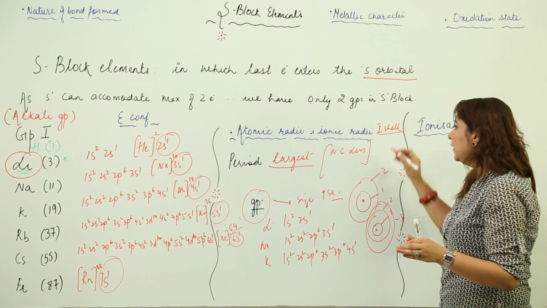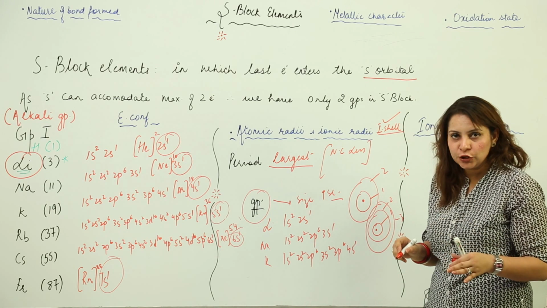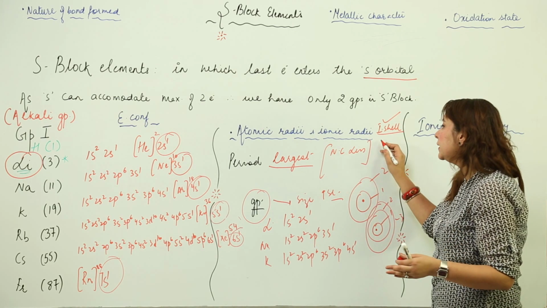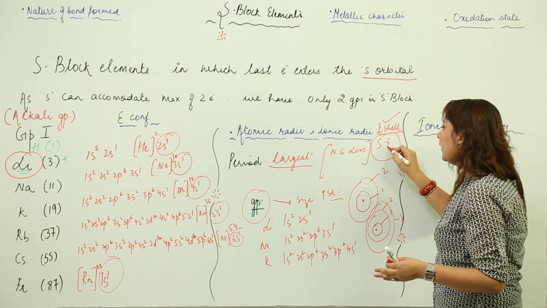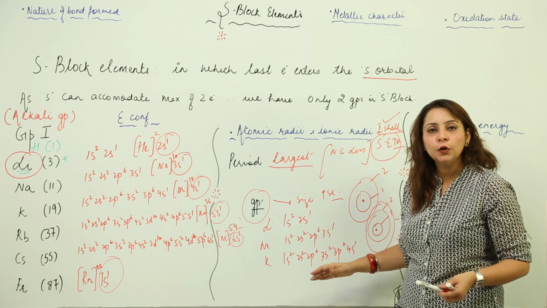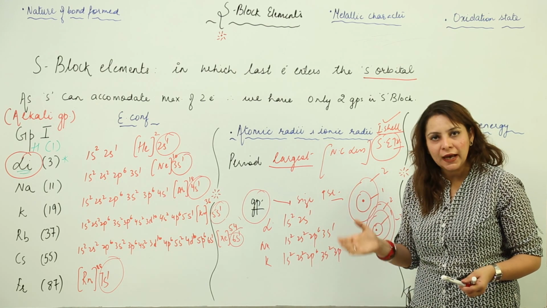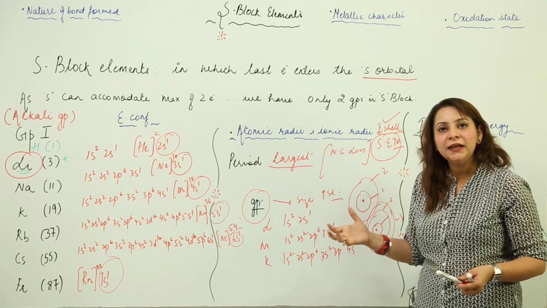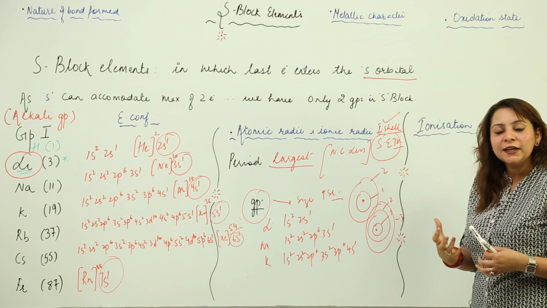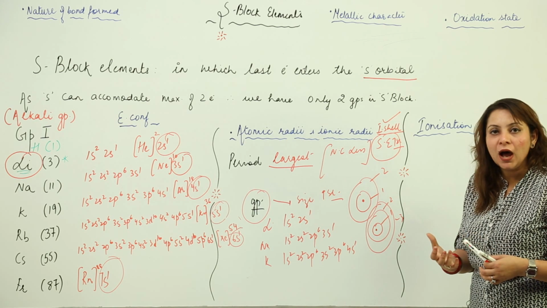So there are more electrons in the inner shell, and as the electrons in the inner shell increase, the screening effect also increases. So again, when we are moving down the group, every time a new shell is added, the inner shell has more electrons and the shielding effect is increasing.